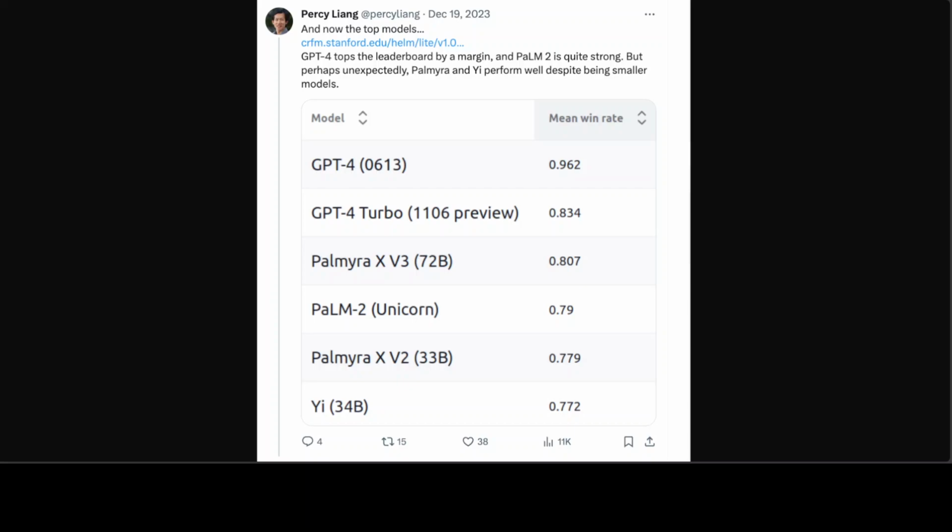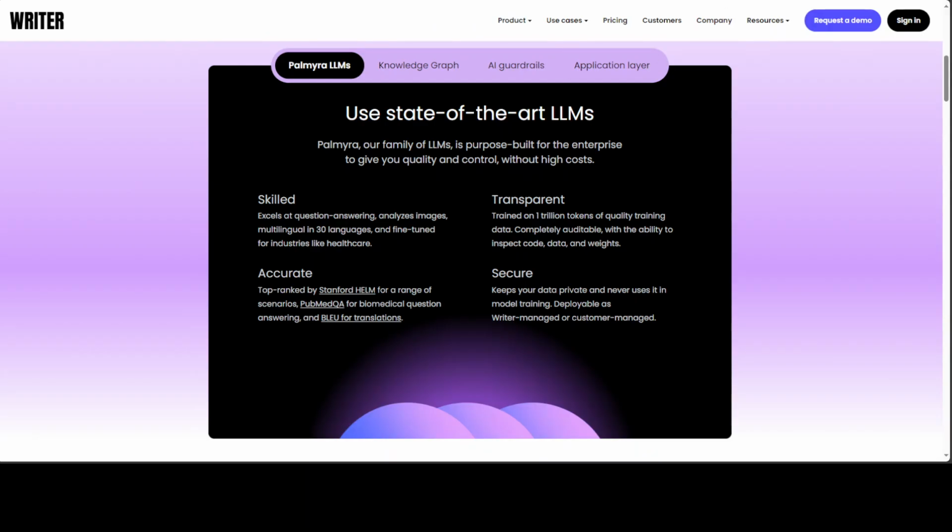Palmyra also performed particularly well in machine translation, which I just mentioned on the HELM chart. Also, Palmyra X is doing even better than on the classic benchmark, which was HELM 1. Now, when reputable companies like Vanguard are using this proprietary LLM, there must be something good about it. So let's try to dissect this model and see what exactly it offers.